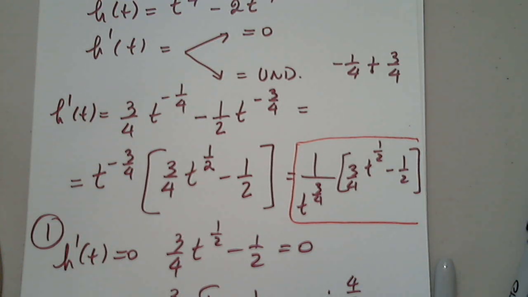Negative 3/4. And then parentheses and then parentheses. 3 over 4 times the square root of x, yes, and minus 0.5. Close. Do I have enough? Yes, I have enough. Now I'm going to look again.